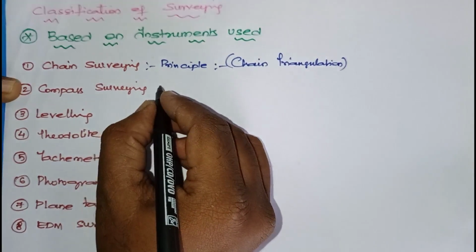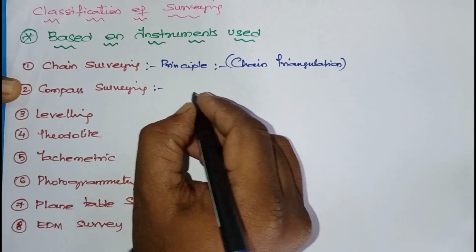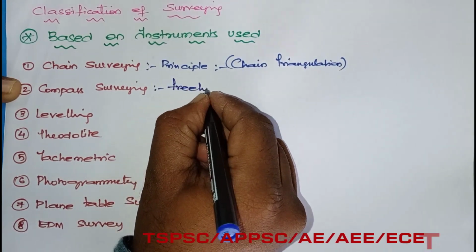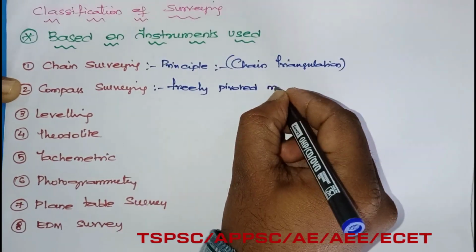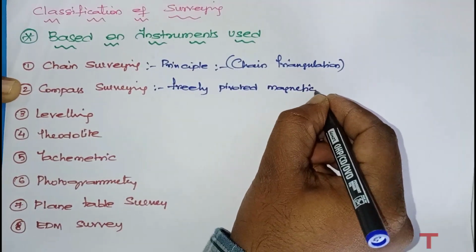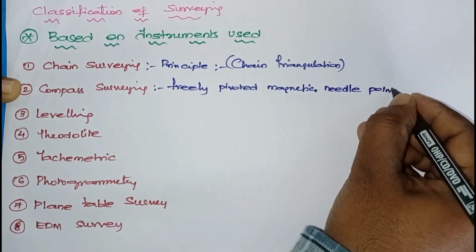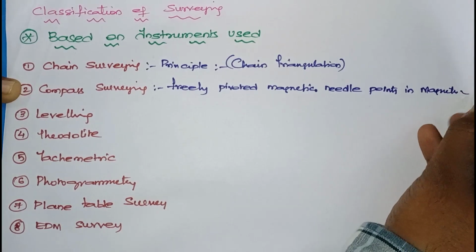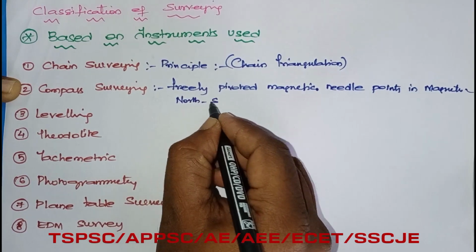Next, the principle of compass surveying. What principle does it work on? A freely pivoted magnetic needle. The needle points in the magnetic north-south direction.